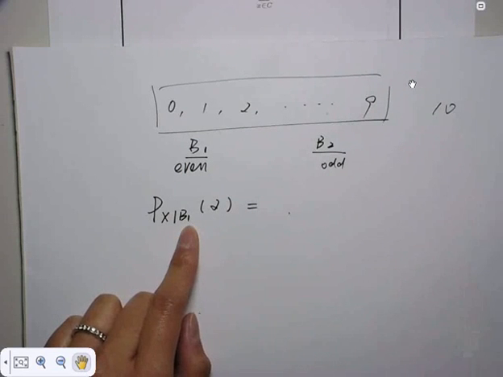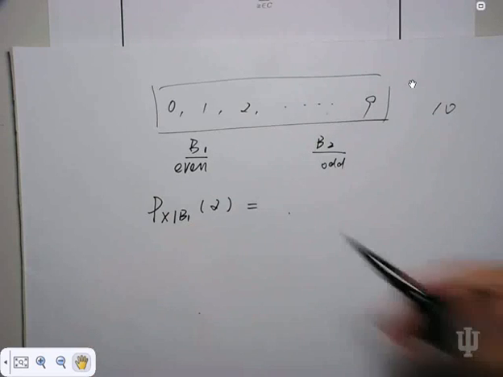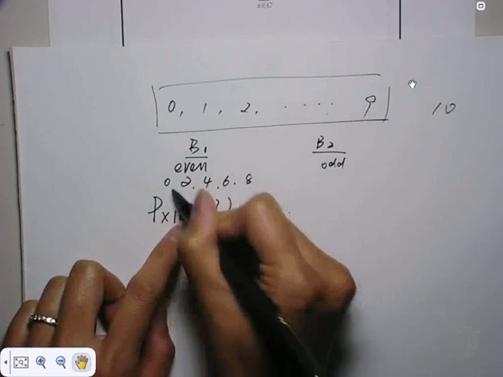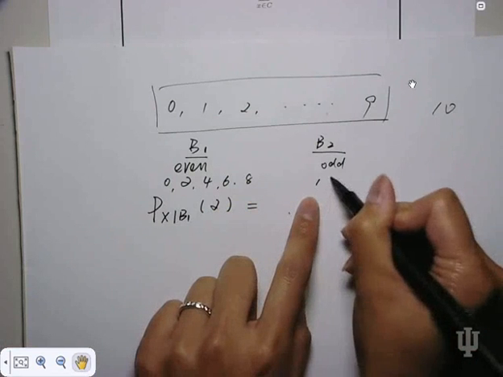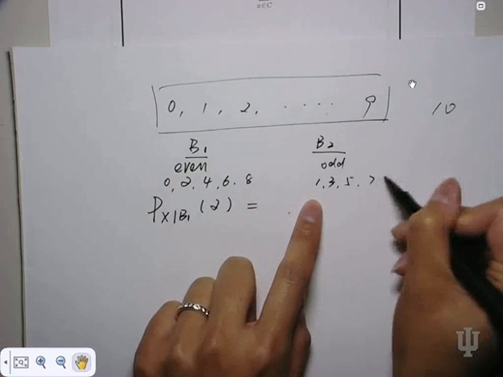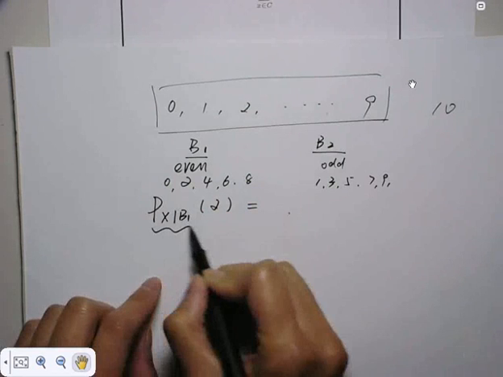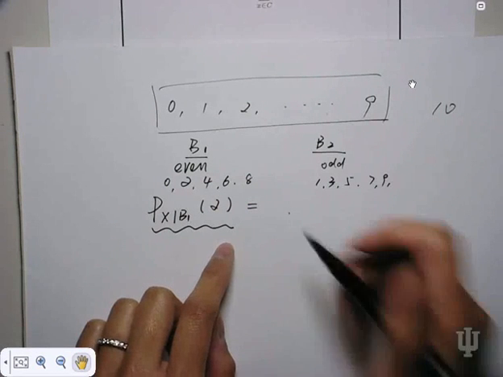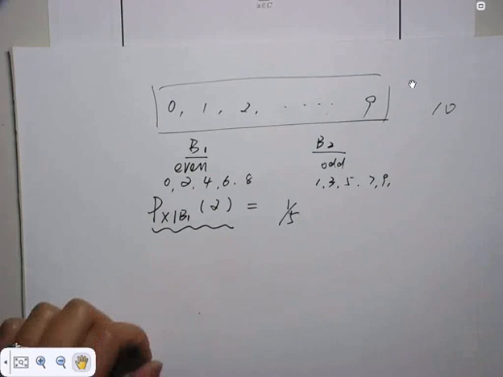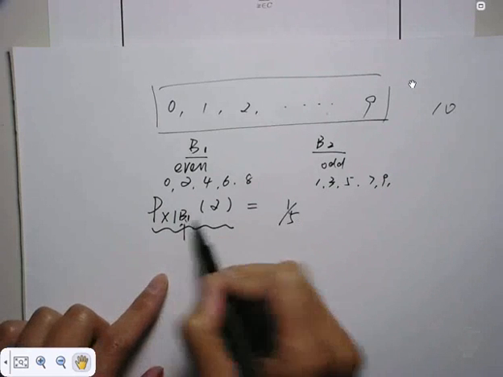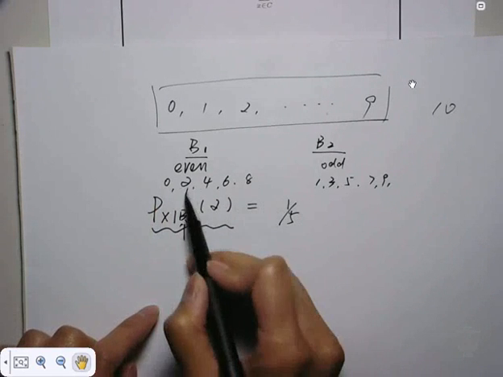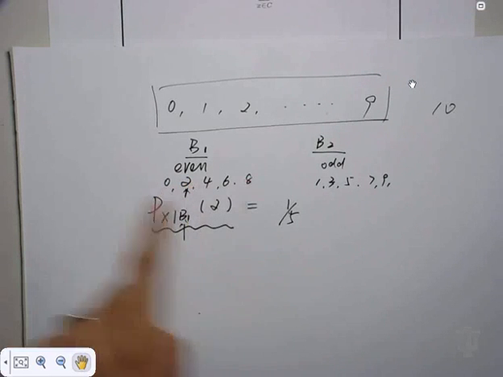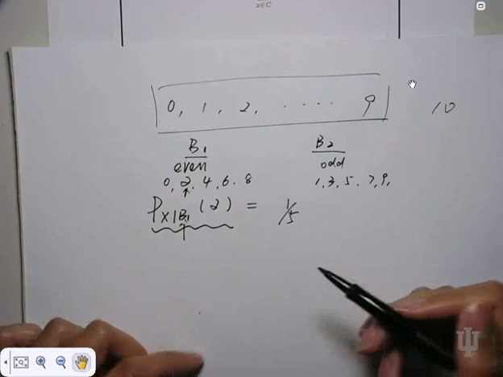If you know you picked an even number, which can only be 0, 2, 4, 6, 8, you take out exactly this number, just this sample out of these 5, so it's 1/5, right?